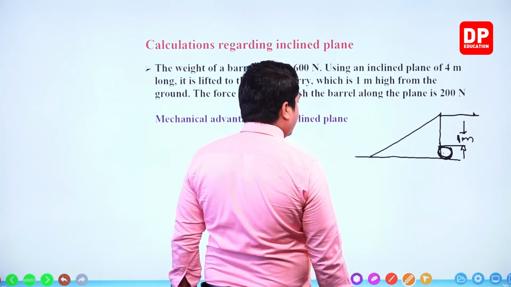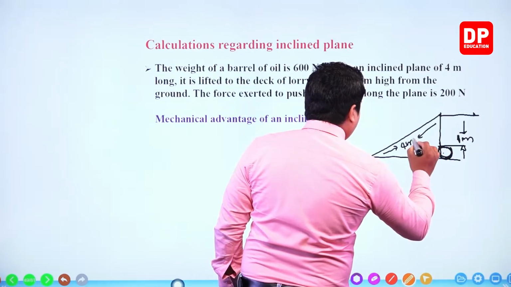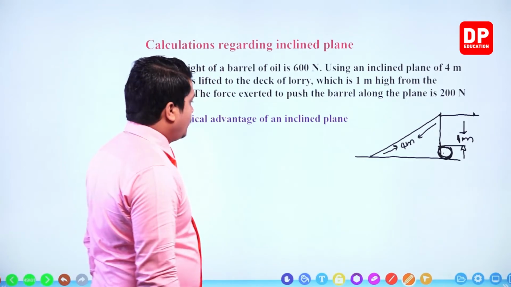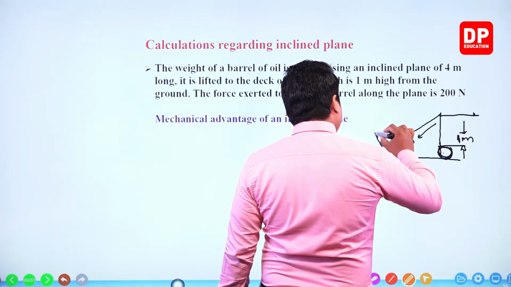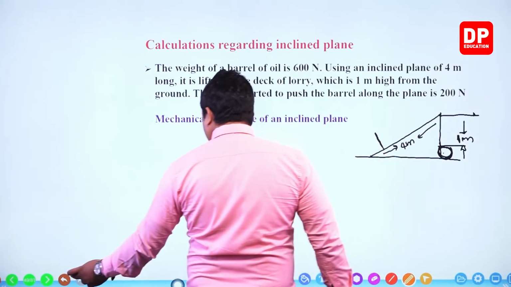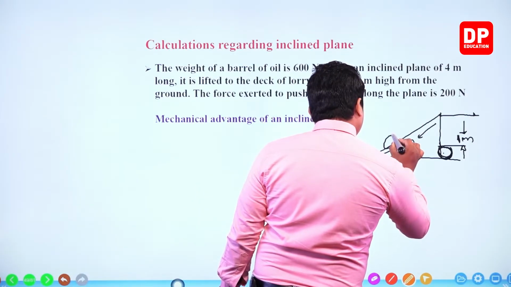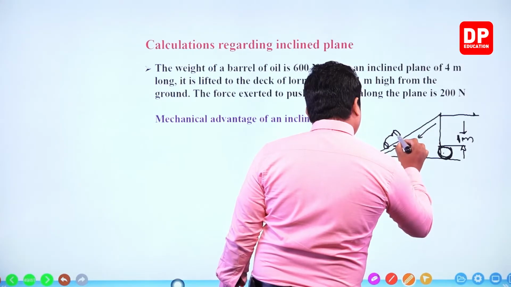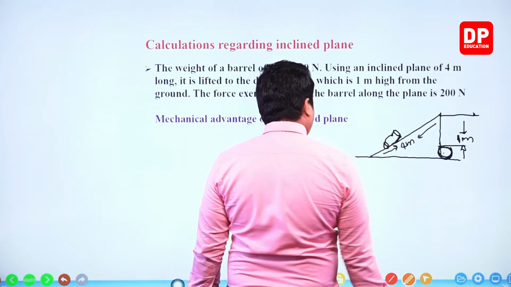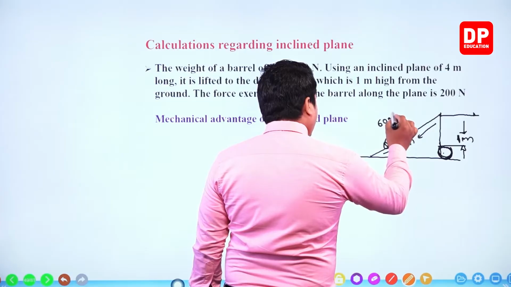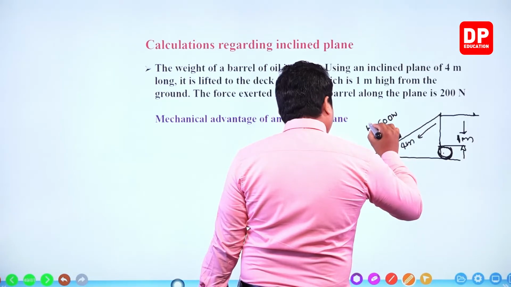The length of the inclined plane is given as 4 meters. The weight of the oil barrel is 600 Newton. Let's imagine that this is the oil barrel. So this is 600 Newton, the weight.